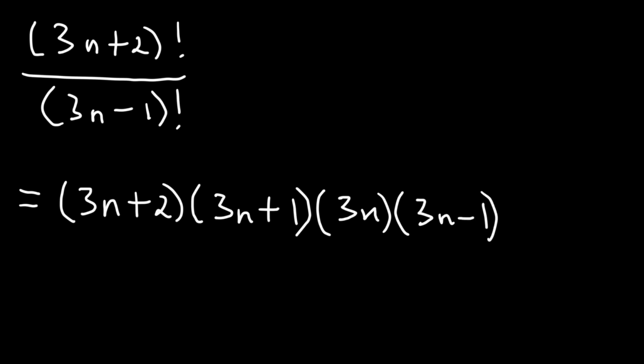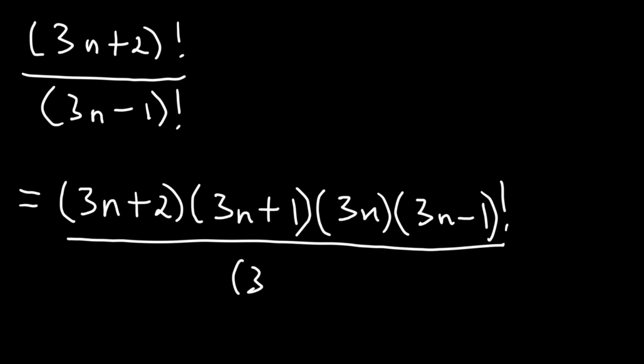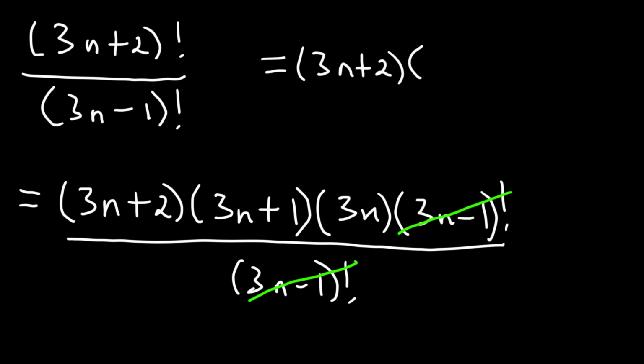And this will keep on going, but for now, let's stop at 3n minus 1. So we shall add factorial divided by 3n minus 1 factorial. This will cancel with that, and so we shall remain with 3n plus 2 times 3n plus 1 times 3n.